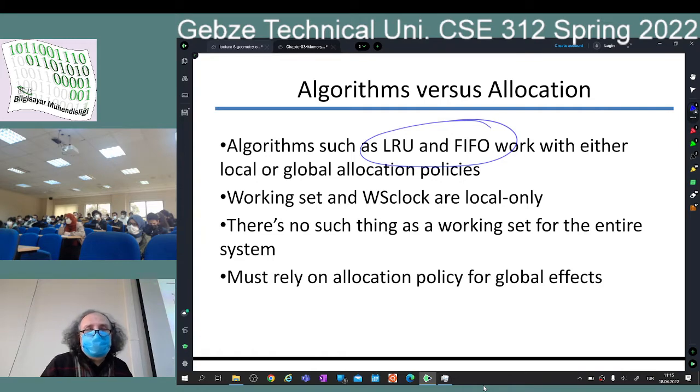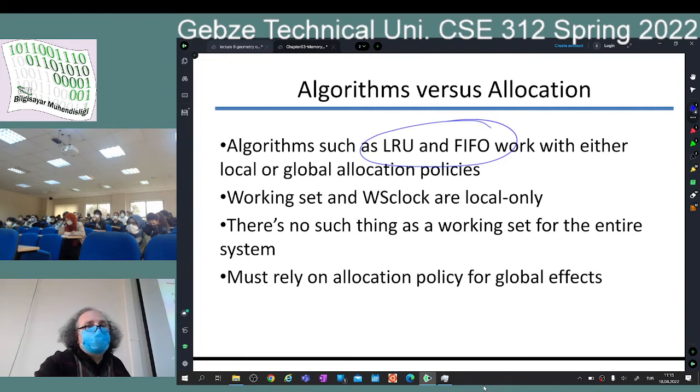That's fine, but the algorithm that we like most is this WS clock, working set clock. Well, working set clock says that I am going to compare the age of each page by looking at this threshold value. The threshold value is a global threshold value. Okay, and the thing is that working set is defined for each process.